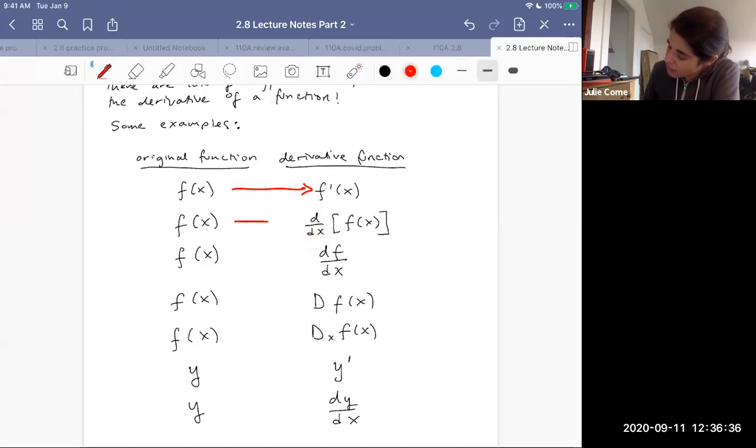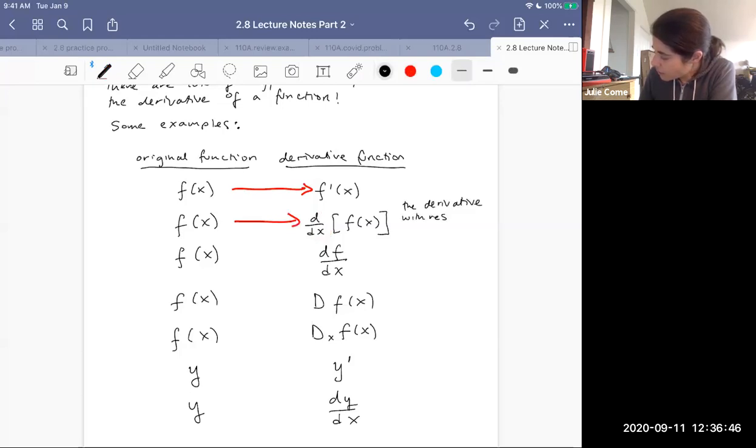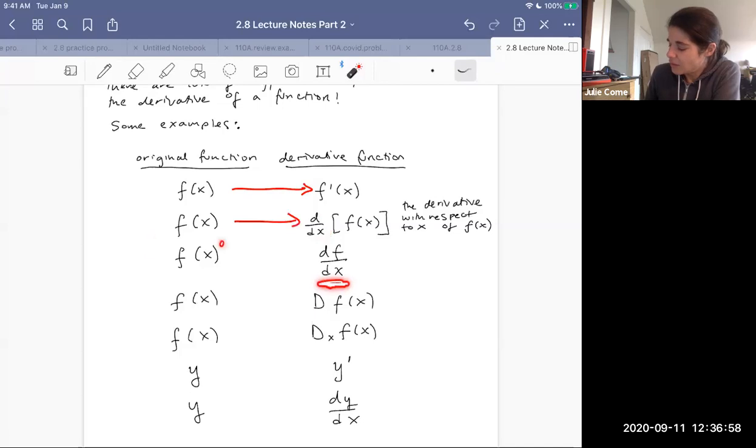And this is another notation we might see, and I would read this as the derivative with respect to x of f of x. Well, we kind of get the same idea when we go to this notation. If we start with f of x, another way the derivative could be notated is df dx. It's almost like they just took the D and the F part. You know, when we talk about a function f, sometimes we call it f of x.